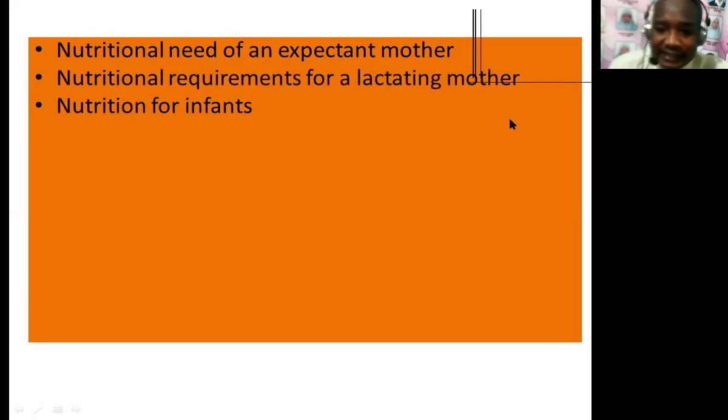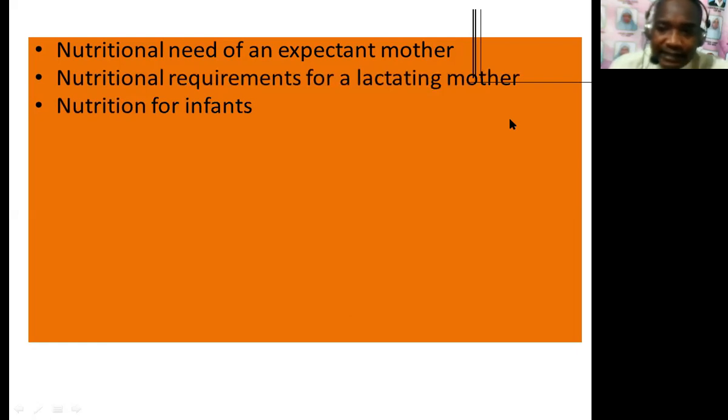So let us start with the advantages. 1, it is at the right temperature. 2, it provides immunity. 3, it is a balanced diet. 4, it bonds the relationship between the mother and the baby. 5, it is convenient. 6, it is germ-free. 7, it improves the mental development of the baby. Lastly, breast milk is easily digested.